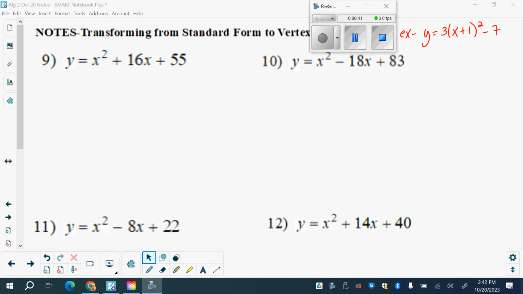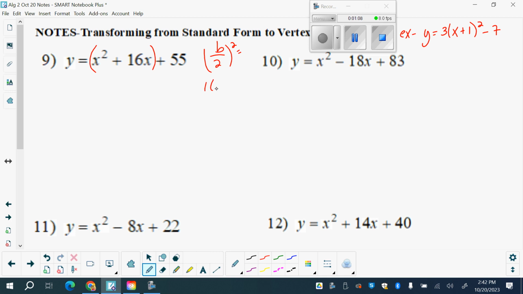So what we want to do first, we're just going to put parentheses around these first two terms. We want to take this part here and figure out what number we need to add to make a perfect square. So we're going to do b divided by 2 squared. Our b in this case is 16.